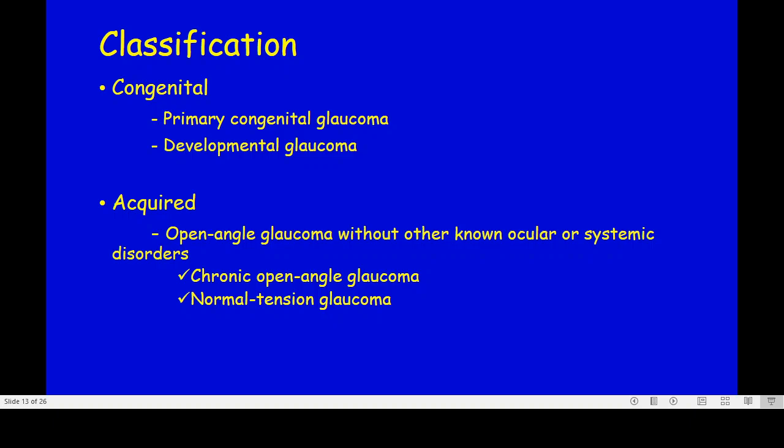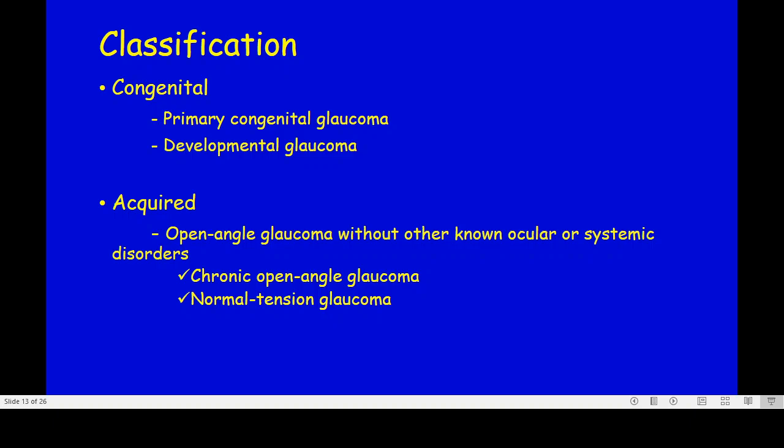Now, the next thing is to classify this disease. There's a long list of different etiologies of glaucoma, but it is basically classified as congenital, which may be primary congenital glaucoma or developmental glaucoma.